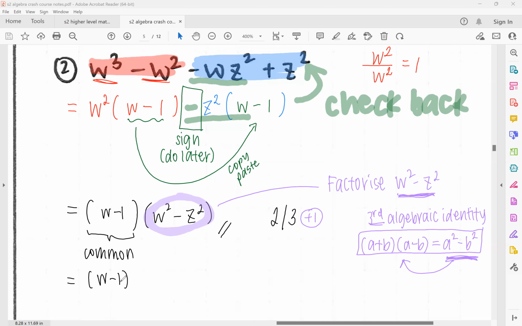Yes. And this will now give you 3 out of 3. Clear so far? So now you understand the importance of algebraic identity that I spent so much time to go through. So you can see now it's adding on already. Adding on to whatever you have been learning. Got it?